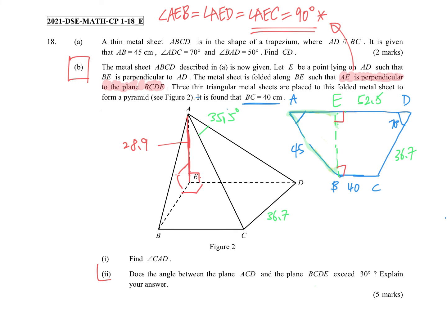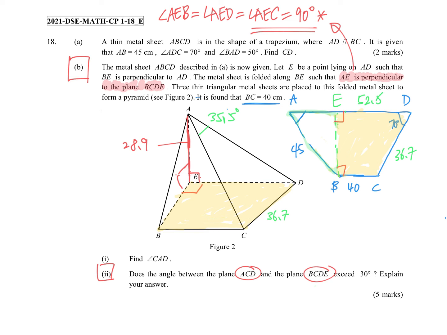So it's about B2. Does the angle between the planes BACD and BCDE exceed 30 degrees? First of all, maybe some of us would like to sketch the two planes first. So first of all, the base will be a right-angled trapezium.